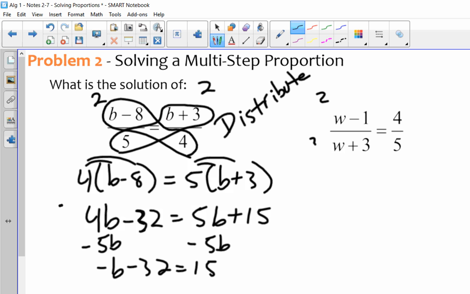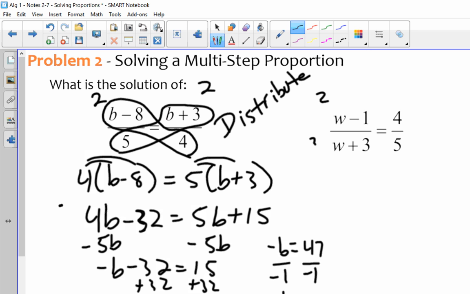Okay. I'm going to get the numbers to the other side, so I'll add 32. I'll come over here, so I get negative b is equal to 47. Okay. But remember, we can't leave that variable negative, so we're going to go ahead and divide by -1.